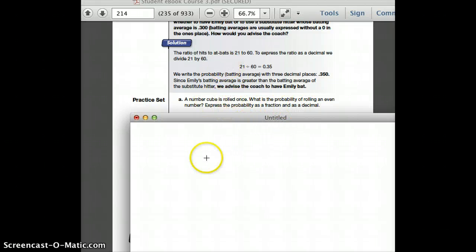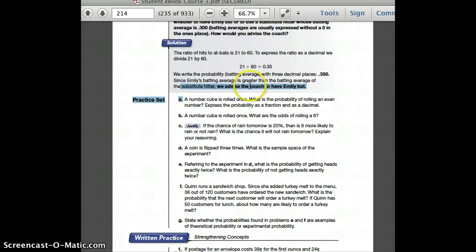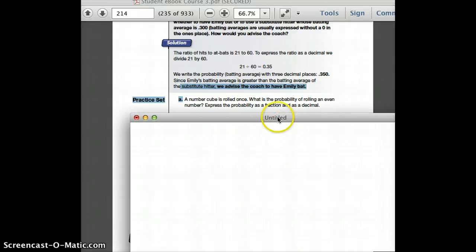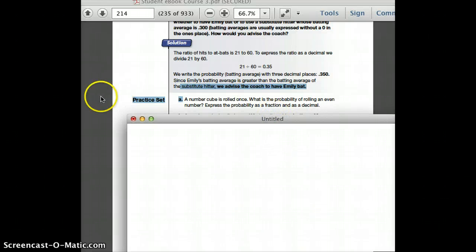Number cube. You've got to remember that a number cube is 1 through 6, so you're going to have a 1, 2, 3, 4, 5, 6. Now express it as a fraction. Remember, the top is what you want. The bottom is the number of total possibilities. How many total possibilities are there? 1, 2, 3, 4, 5, 6.